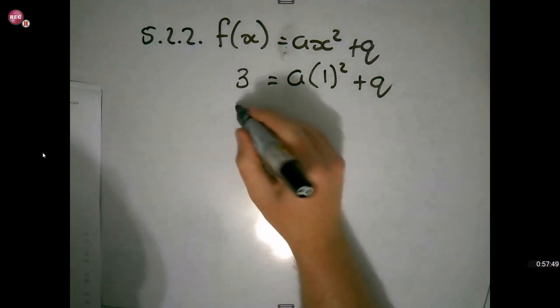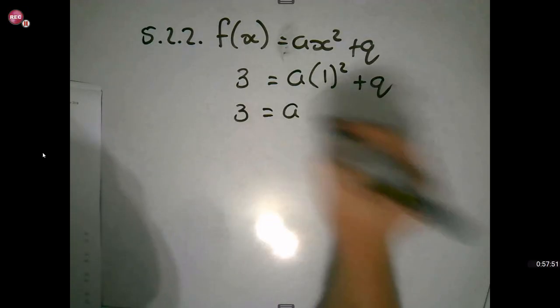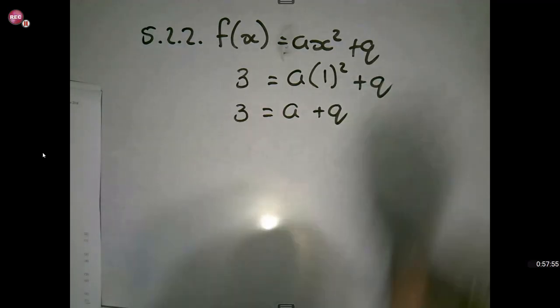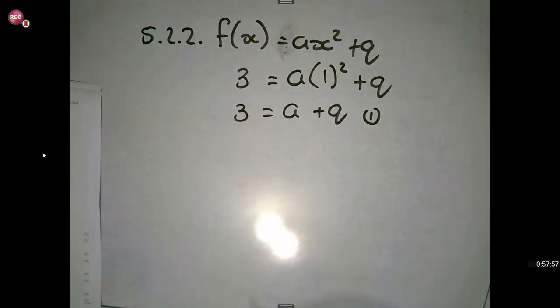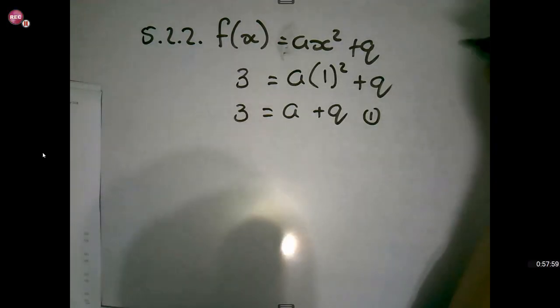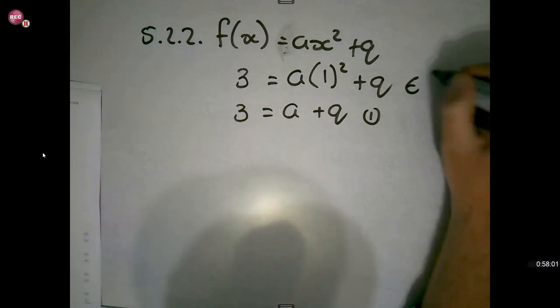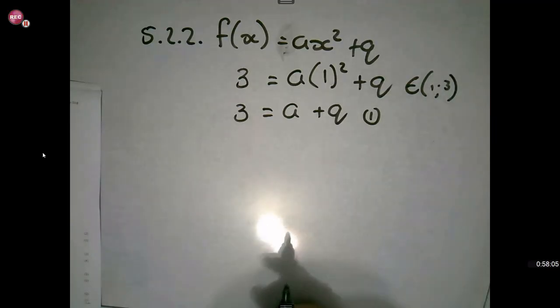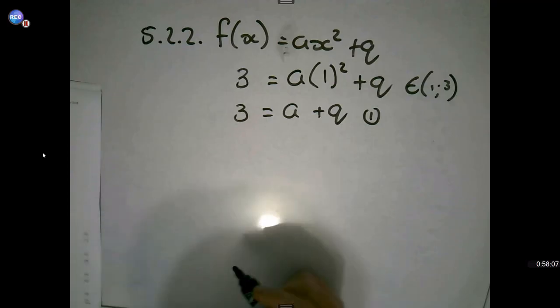What we'll do now is we'll have 3a plus q, which means that we've got one equation already. We used point E, which is (1, 3) in this case. What we do then is the following.